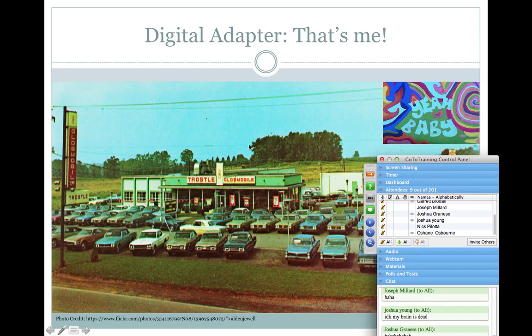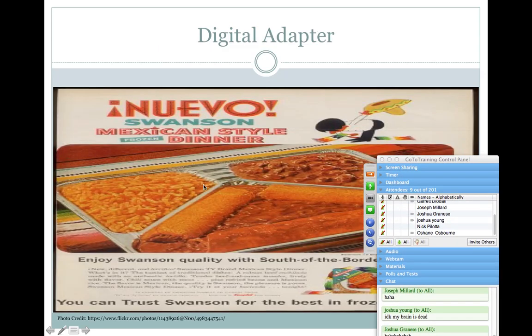So old, right? So I can remember things like when frozen dinners looked like this. They came in aluminum foil trays and were covered with aluminum foil, and you'd stick them in the oven, and they'd take like 40 minutes to cook.